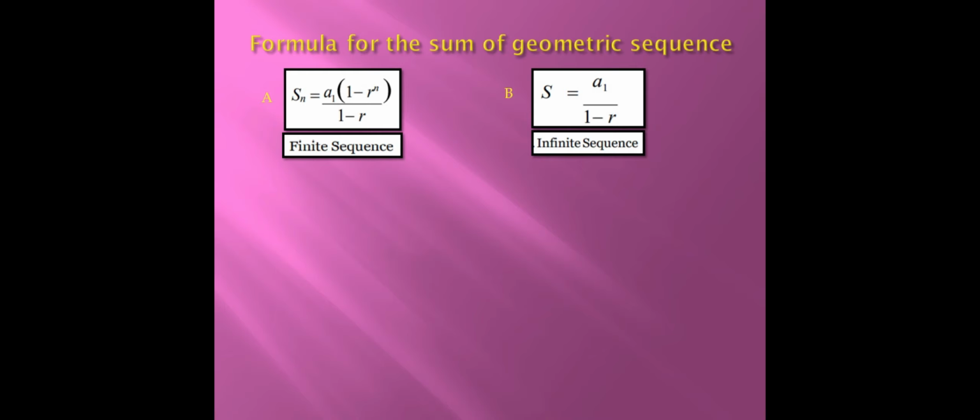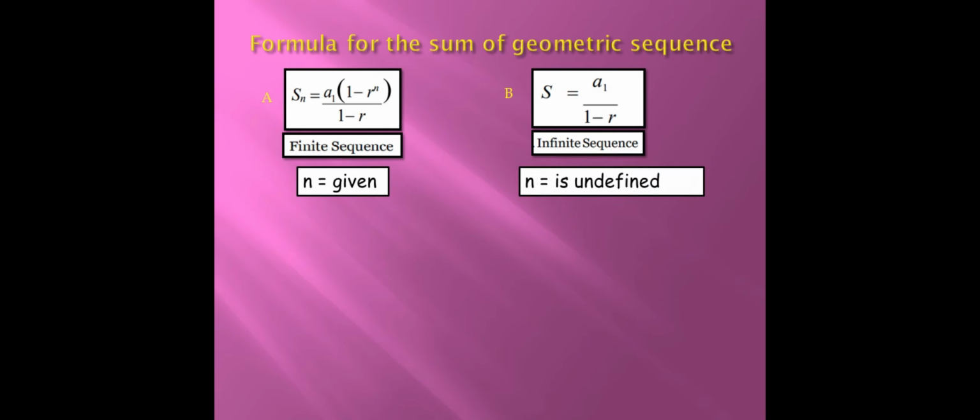So, ito nagagamitan na natin ng formula. Okay. So, yung formula A is for the finite sequence where n is given. Where n is given or A sub n is given. While in the infinite sequence, so your n is undefined. So, kahit na hindi given yung n, so, makuha pa rin natin yung sum ng geometric sequence. Okay?